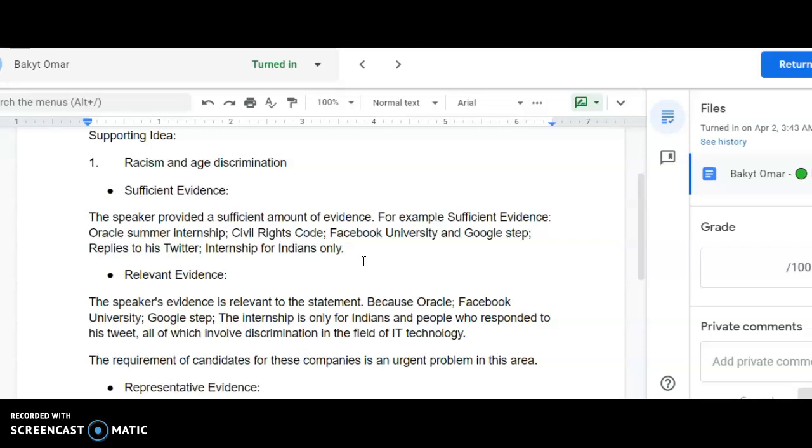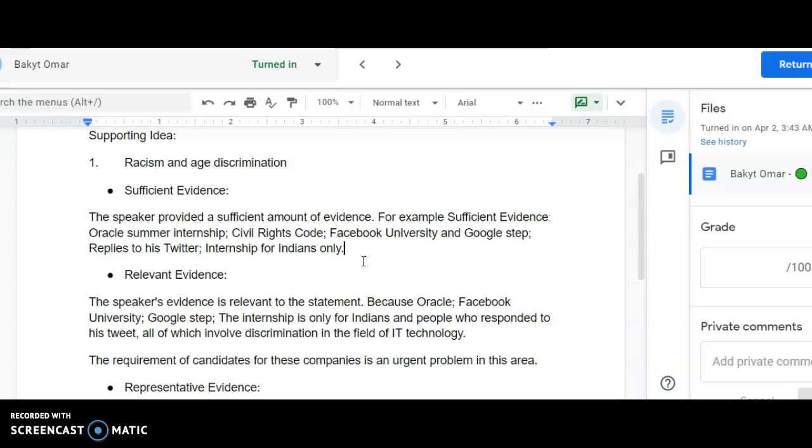And here, in your evidence paragraph, you could add, the speaker could have included, and then say what? He could have included surveys, studies, meta-analysis, concrete data proving, let's say, the percentage of how many companies, how many internships in America directly, specifically target minorities.